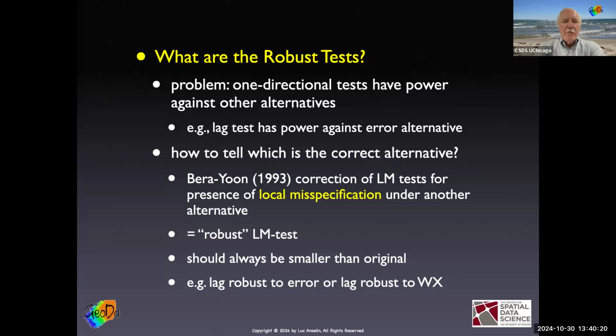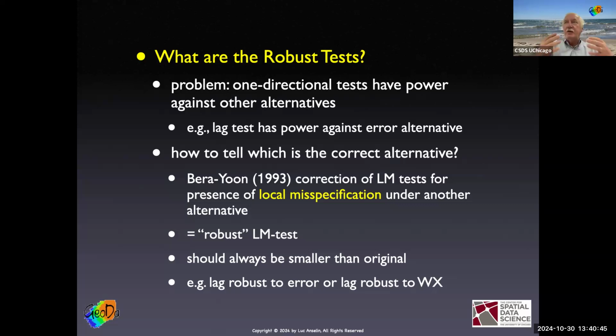So Bera and Yoon came up with this correction of the LM test, which they call a robust LM test. It's a correction that makes the test smaller. And the way to think about this, or at least I like to do intuitively, is that you take out a little bit of the effect of the other cause.